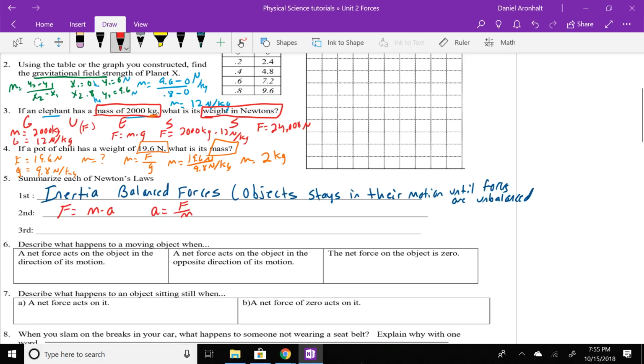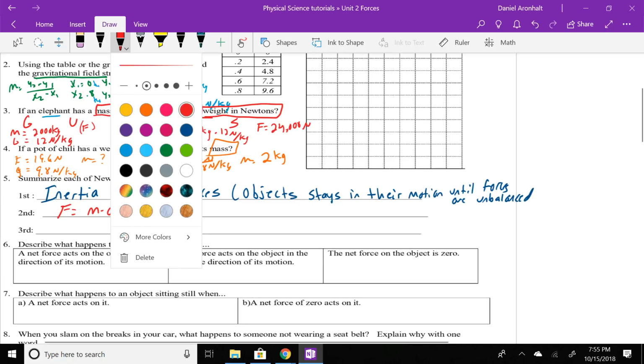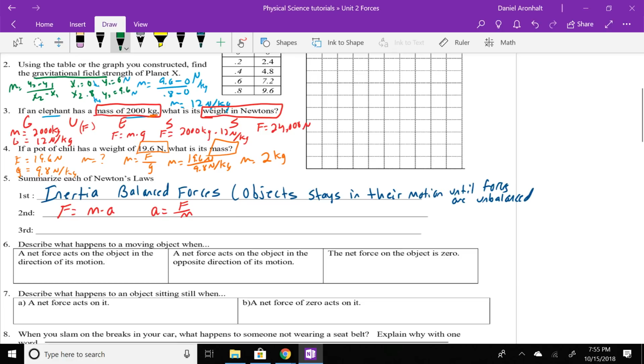And then finally the third law is action-reaction pairs. It's every action has an equal and opposite reaction.